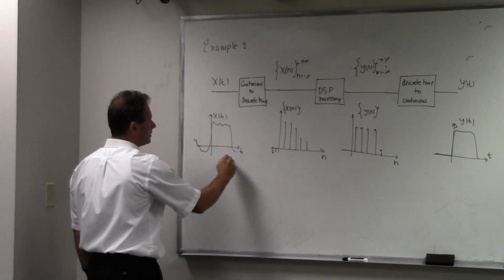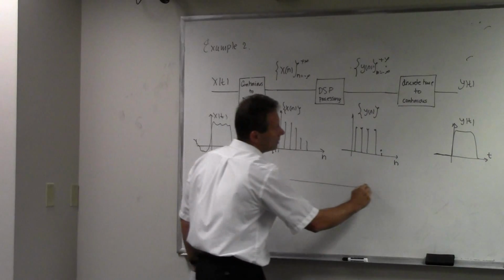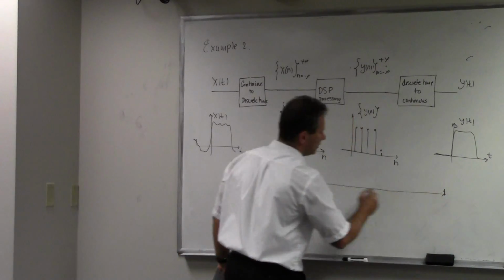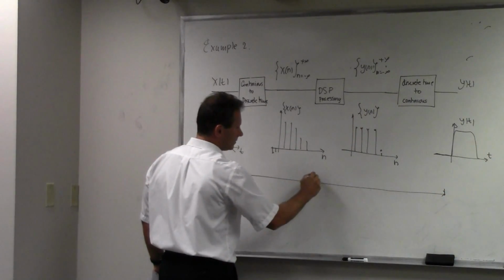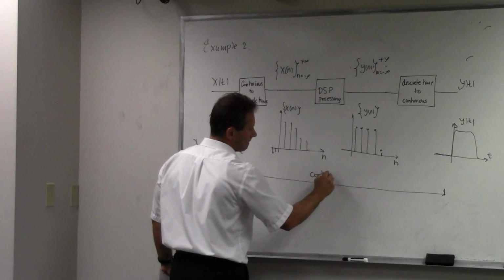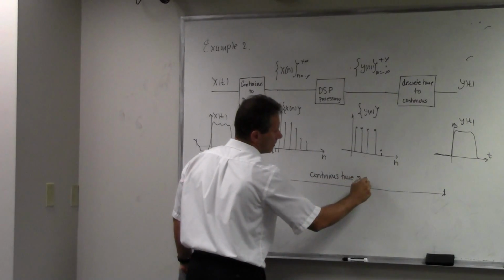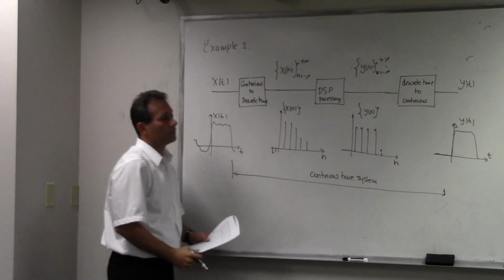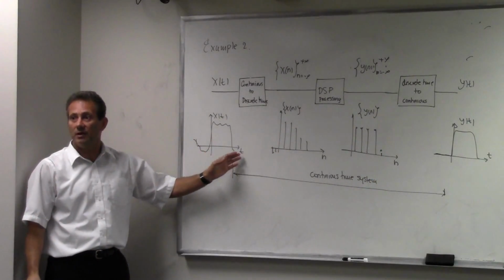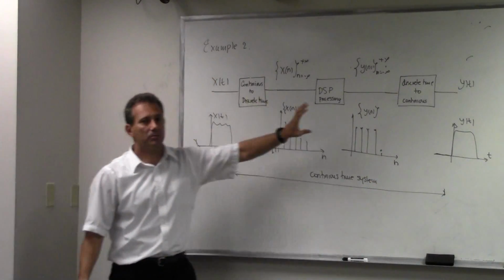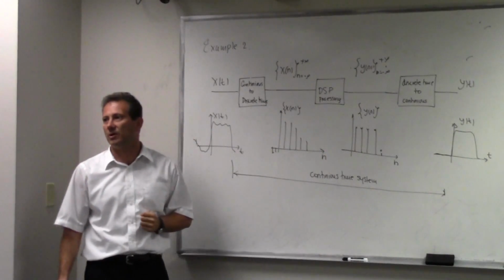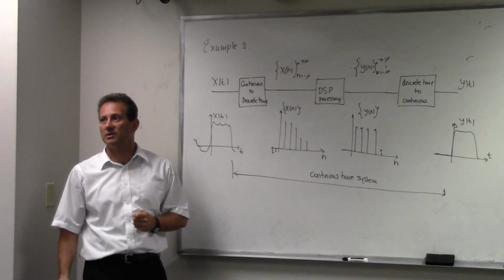So from this end to this end, I have a continuous time system. Because from the input-output of the whole thing, the inputs are analog, the outputs are analog. If I don't look into the box, I have a continuous time system.